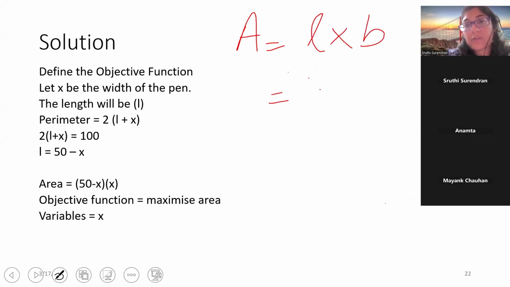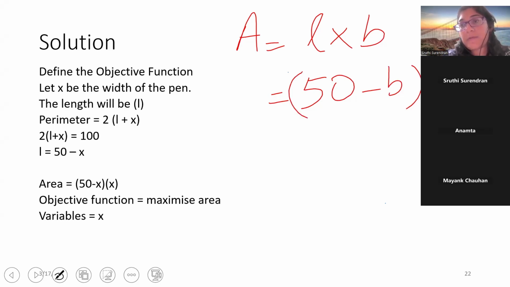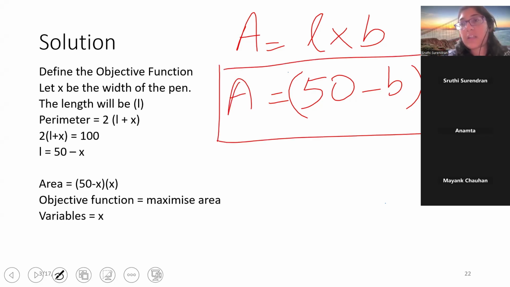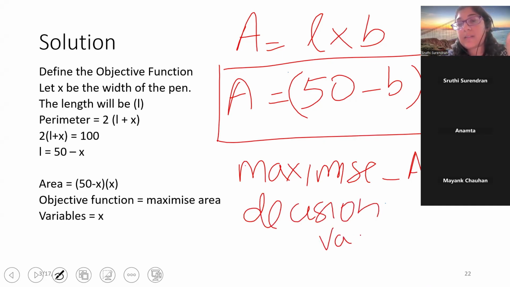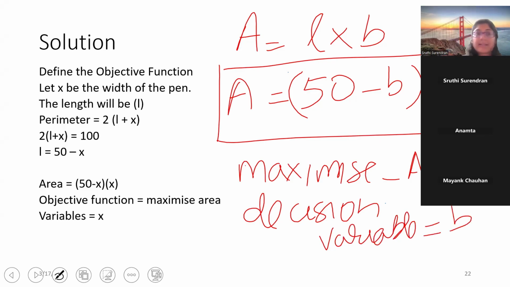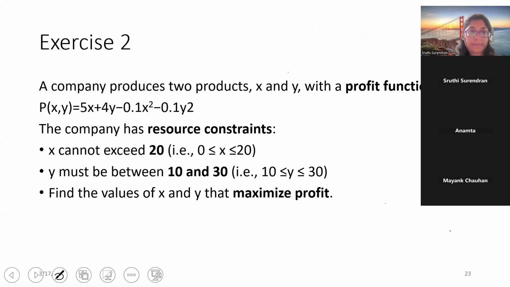We know that length is equal to 50 minus breadth because we had the perimeter value. So 50 minus b into b is the area. This is the function that we can use in R. Now, the objective function is to maximize A, and we were able to reduce the decision variable to one variable, which is b. That is how we simplify an equation.